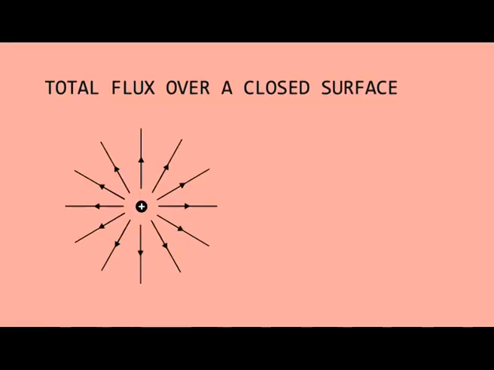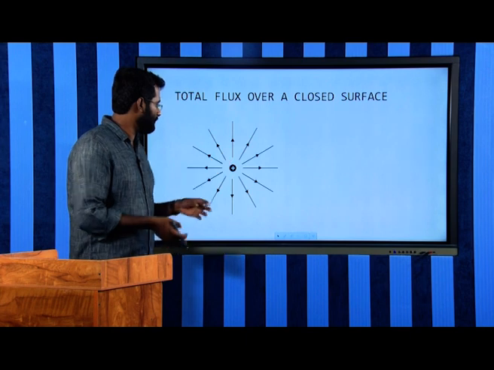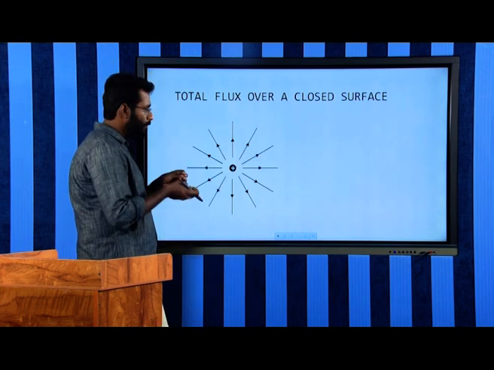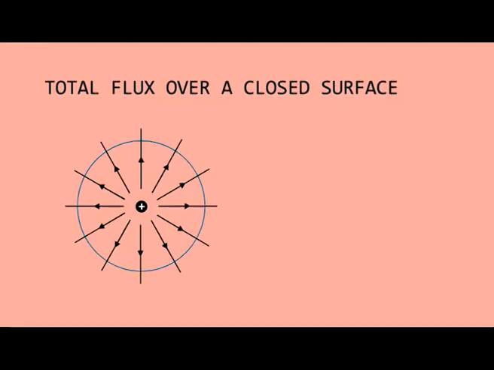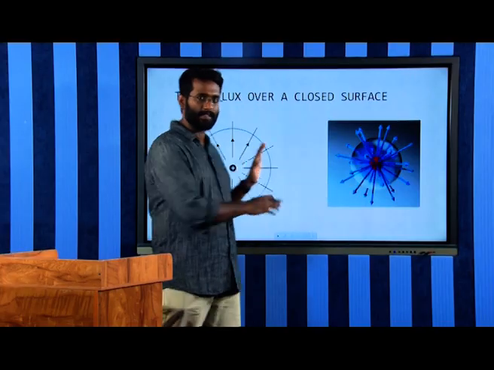Now imagine that you have a positive charge here and the field is diverging, the electric field lines are diverging out from there, and we are considering a surface, specifically a spherical surface around it. It is not a circle, it is actually a sphere. We are imagining a 3D thing, not just a 2D thing.